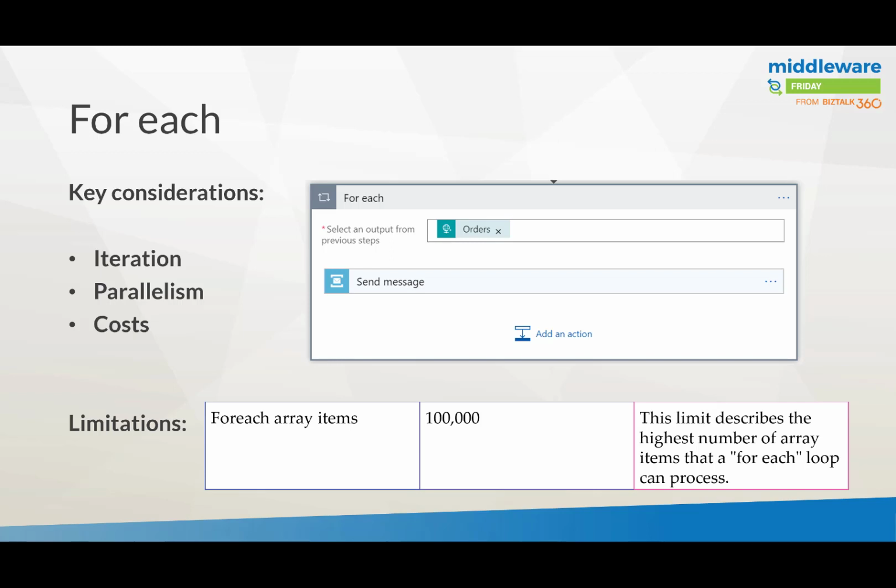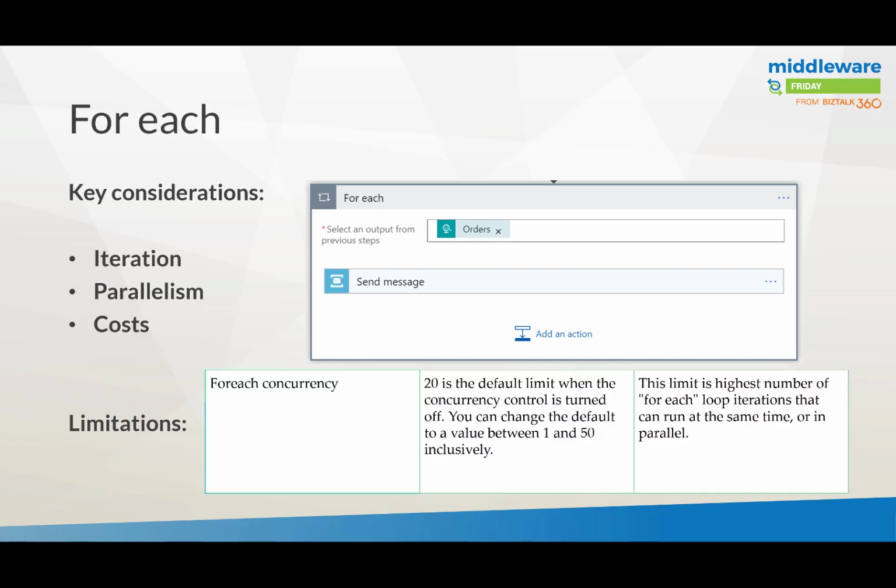The same goes for concurrency. You can run in parallel; 20 is the default limit, but you can change it between 1 and 50. The highest number is the number of items you can run in parallel with your looping.